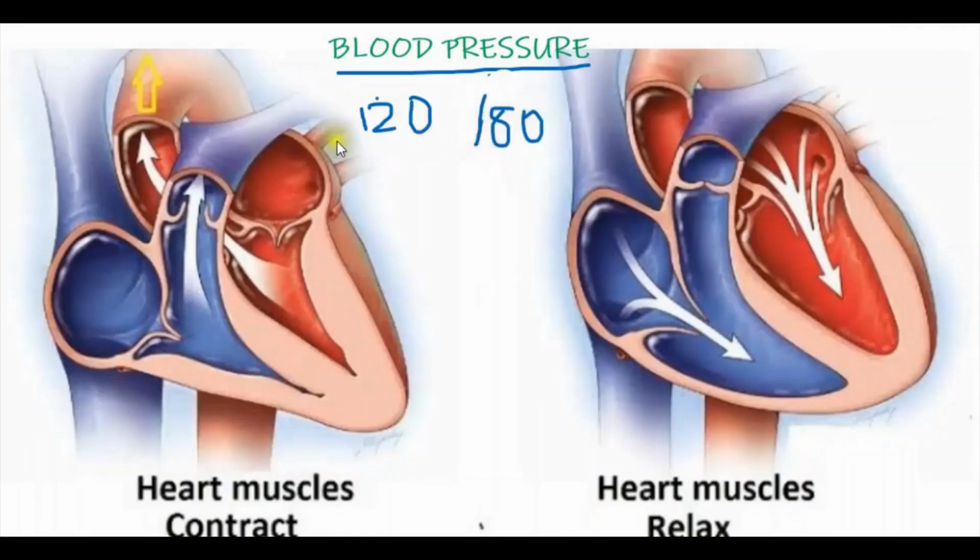If the level is high, more than 120, 130, 140, that is known as high BP. And if the level is very low, below 80, that is known as what? Low BP. More than 120, 140, 150 is known as hypertension or high blood pressure. Below 80 is known as low blood pressure.